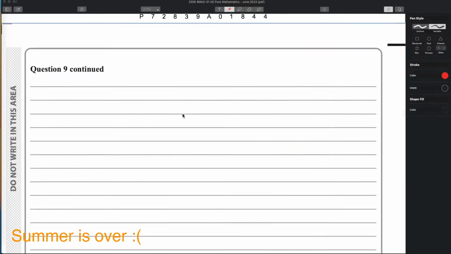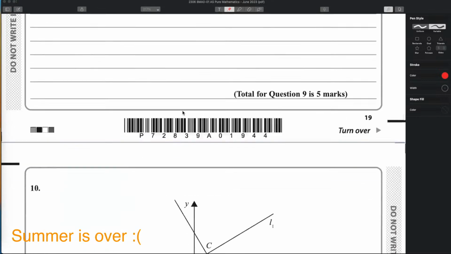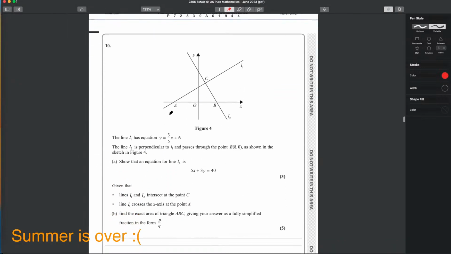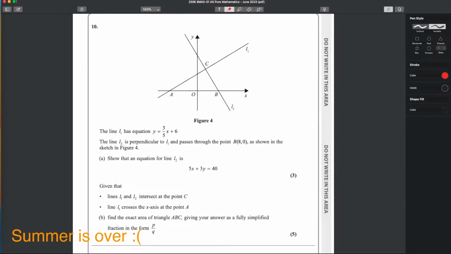Oh, you say, can we go faster? But you didn't spot the mistake. So, I don't know if I can trust you, Muhammad. I don't know. Halfway. Question 10.